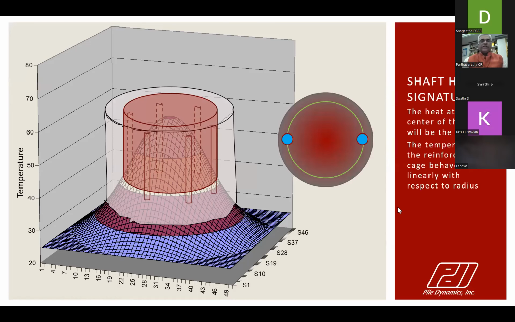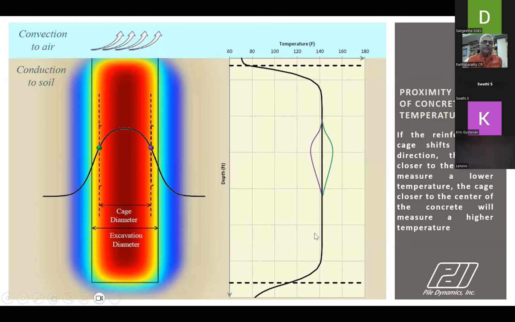Now, during the hydration process, the maximum temperature will be at the center of the core. And if you are making measurements on opposite sides along the reinforcement cage, the temperature at the reinforcement behaves linearly with radius.